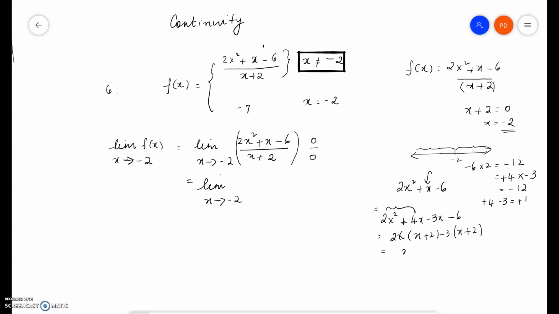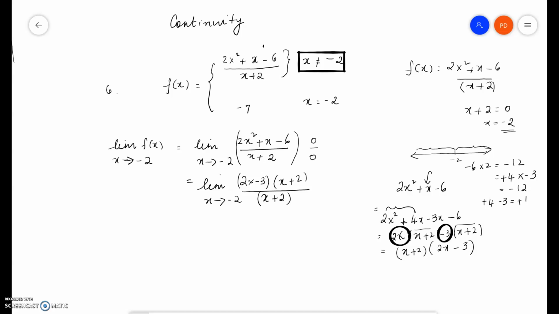So x plus 2 is a common factor in the next step, times (2x minus 3). So that's how we factor it: (2x minus 3) times (x plus 2), factored completely.